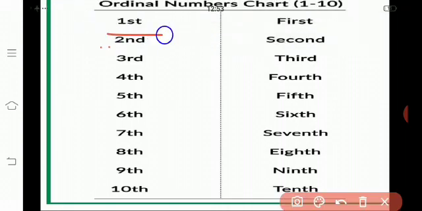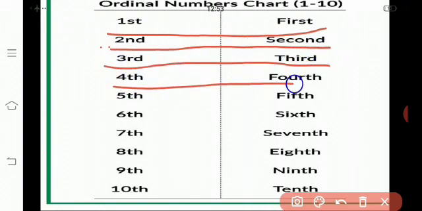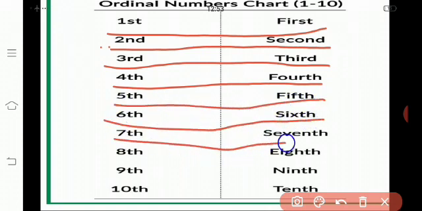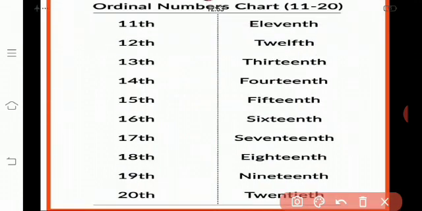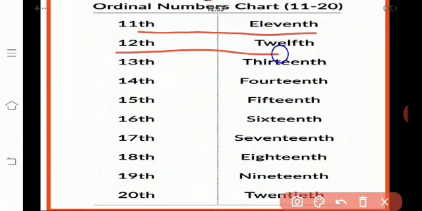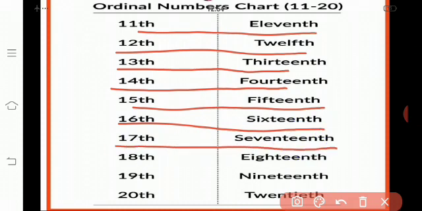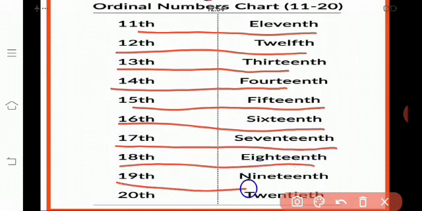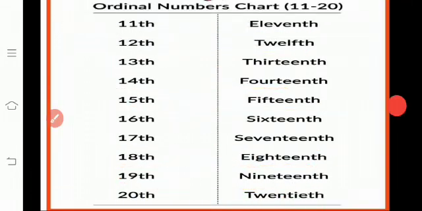First, second, third, fourth, fifth, sixth, seventh, eighth, ninth, and then 10th, 11th, 12th, 13th, 14th, 15th, 16th, 17th, 18th, 19th and 20th. I hope you all understood today's topic.